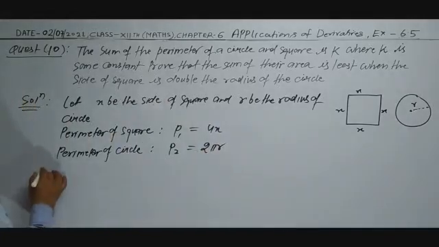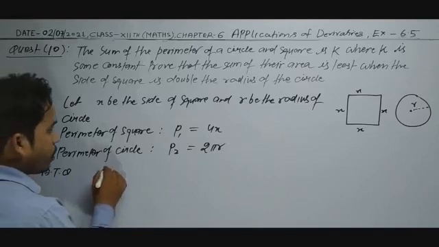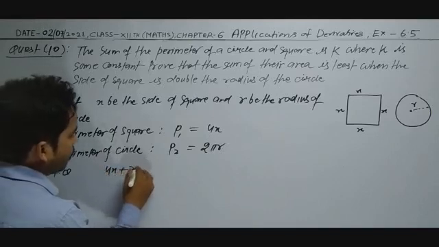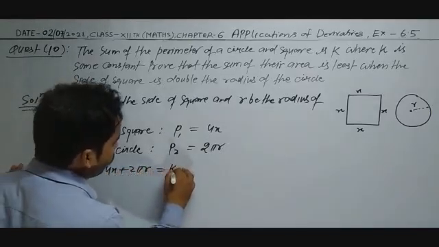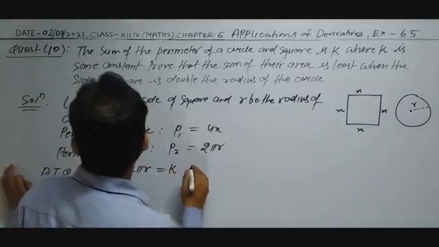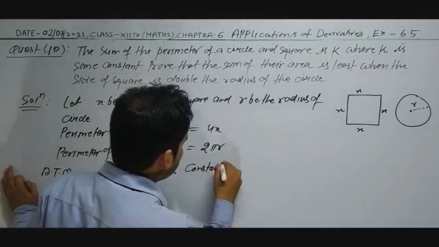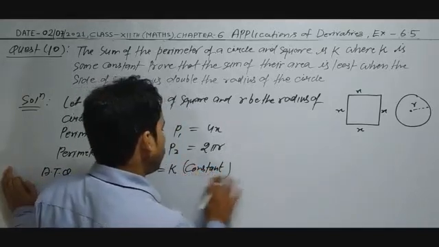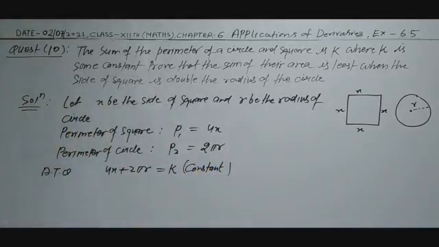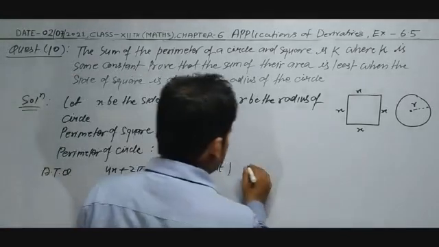According to the question, 4x plus 2 pi r is equal to k, where k is a constant. Now you can find x from this expression.